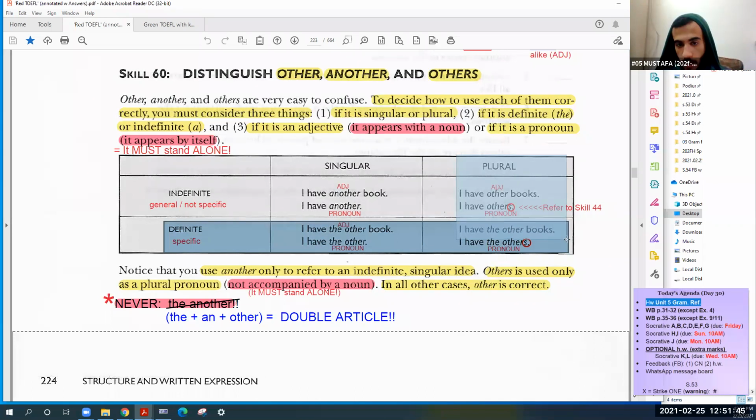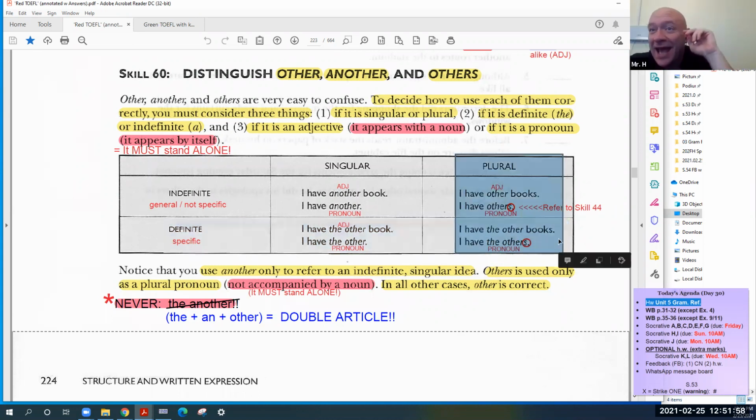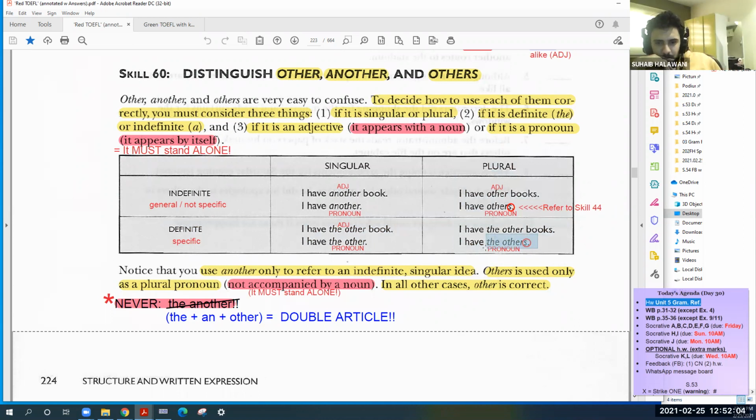I have the other books. The other books, and then below, I have the others. Again, gentlemen, you see the S? When do I put the S? Compare this pronoun here and this pronoun here. Do you see the difference?